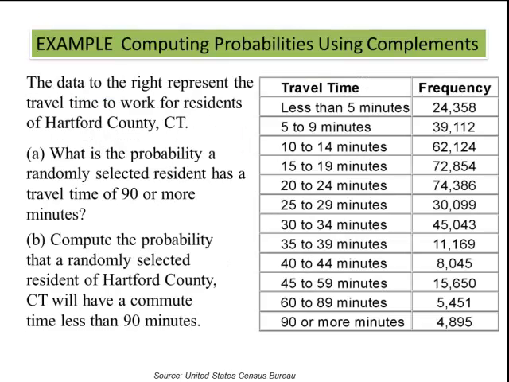The data at the right represents the travel time for residents in Hartford County, Connecticut. A, what's the probability that a randomly selected resident has a commute time of 90 minutes or more? Out of this, we see it's 4,895 out of the total. B, compute the probability that a randomly selected resident will have a commute time of less than 90 minutes.